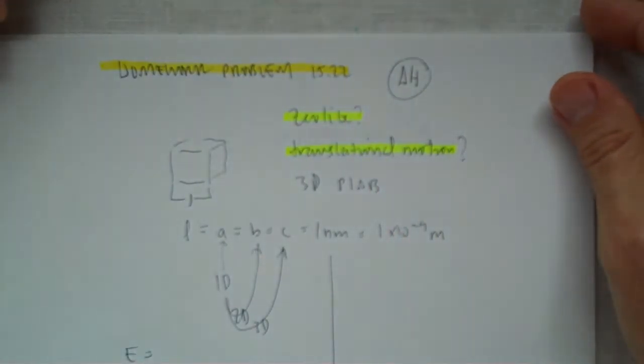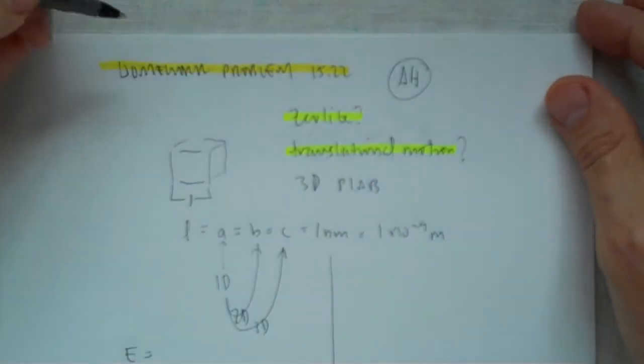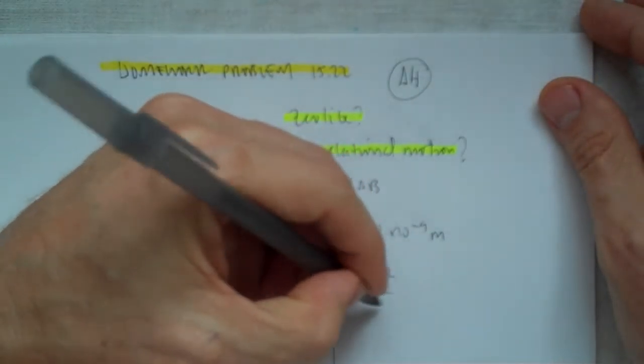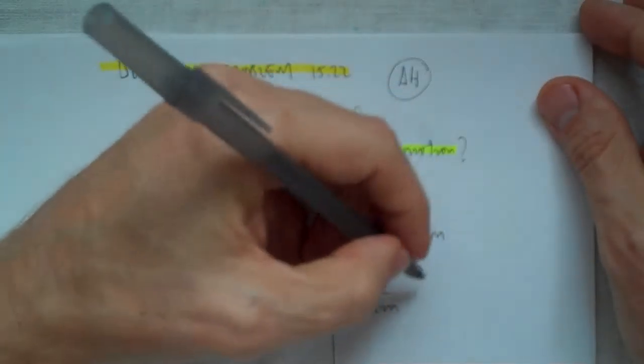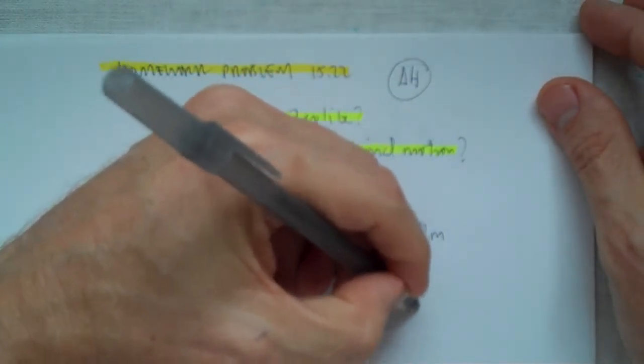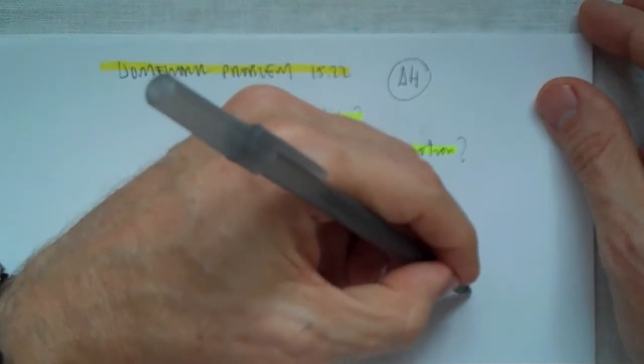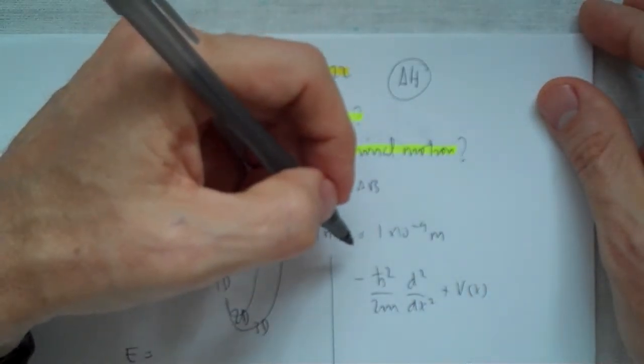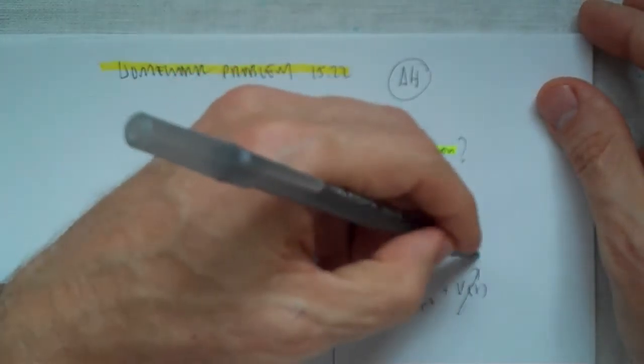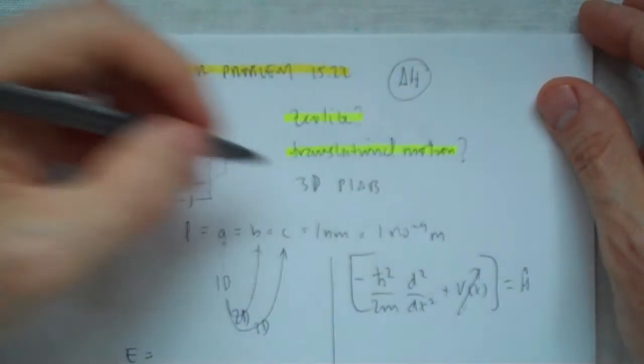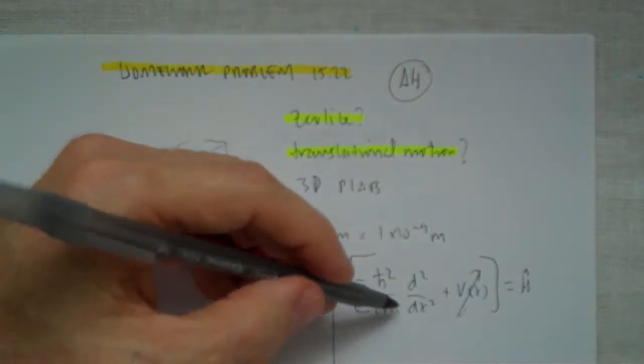The energy comes from the total energy operator, the Hamiltonian: minus h bar squared over 2m, d squared dx squared, plus the potential component. But this is in a box, so there's no potential component. The reason why this is hard is because we have three dimensions.